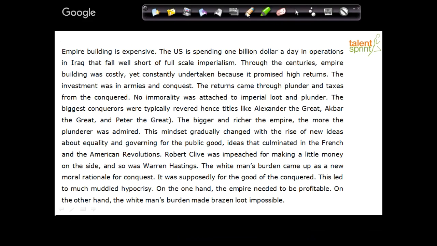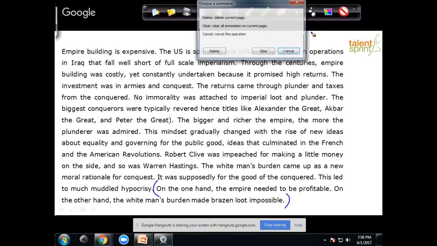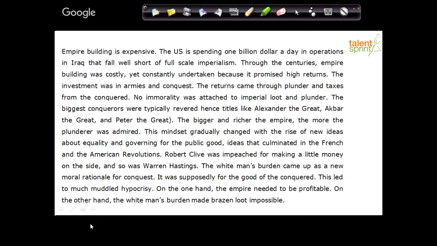Second one, let's read. On the one hand, the empire needed to be profitable. On the other hand, the white man's burden made brazen loot impossible. This is making reference to how finance was not supporting the ability for an empire to conquer another empire.